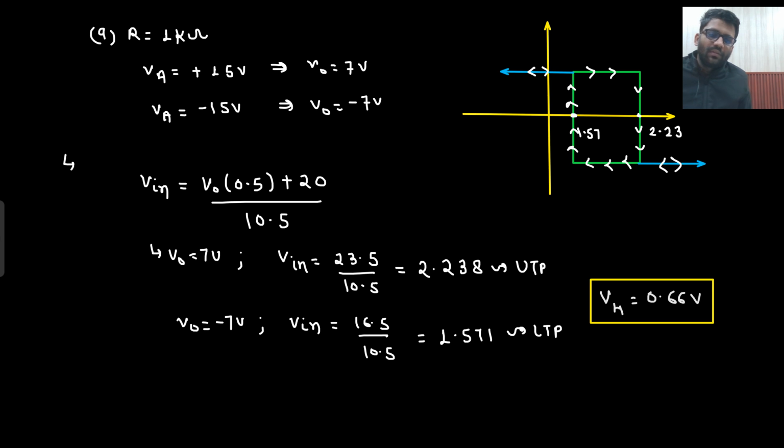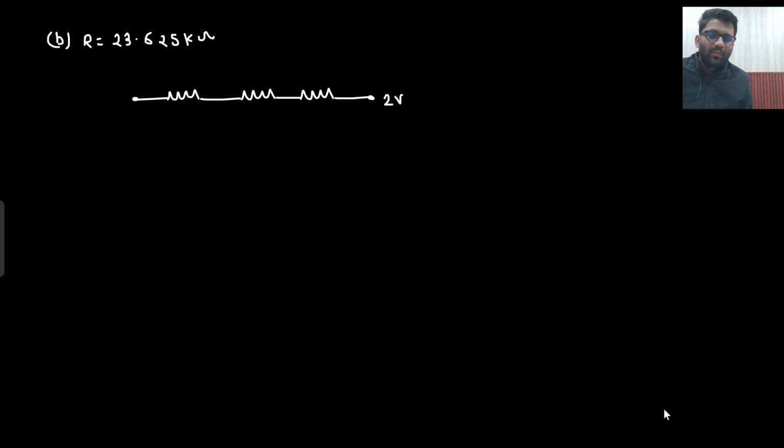R is 23.625 kilo ohm. Then another resistance, and here you have 2 volt and 2.5, 10 kilo ohm.